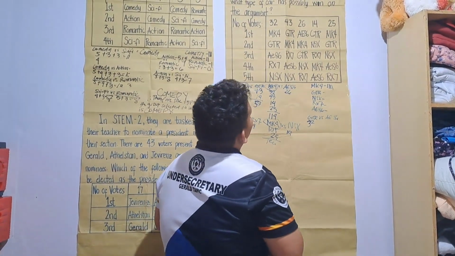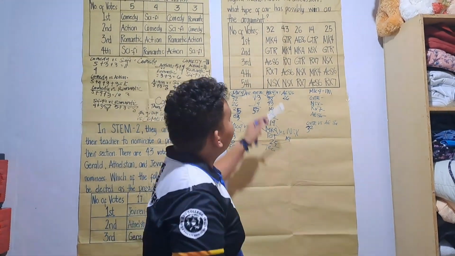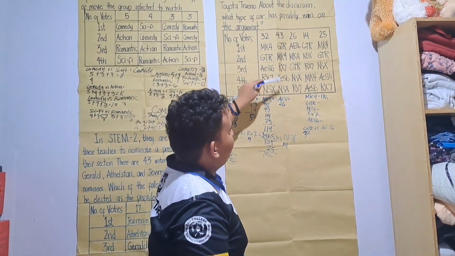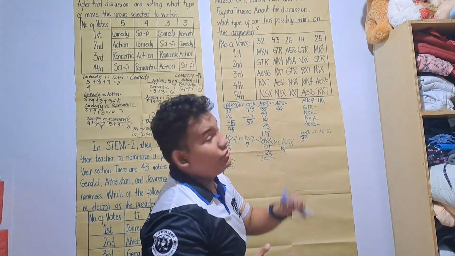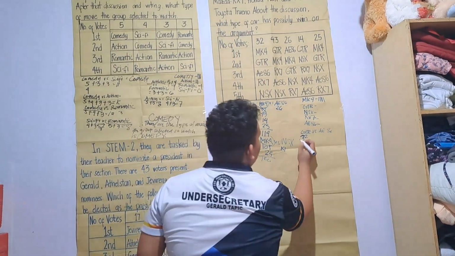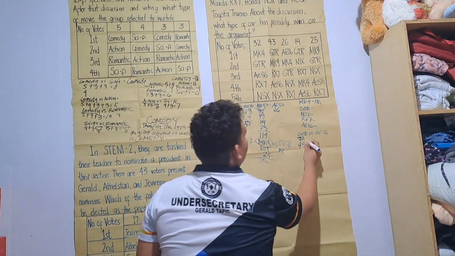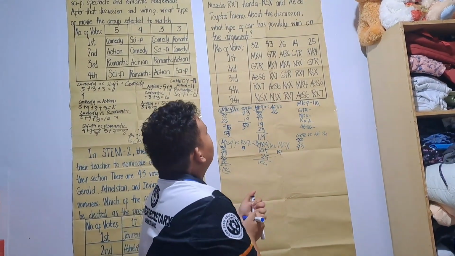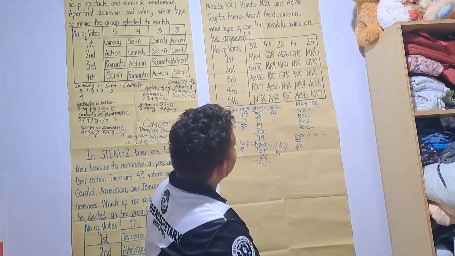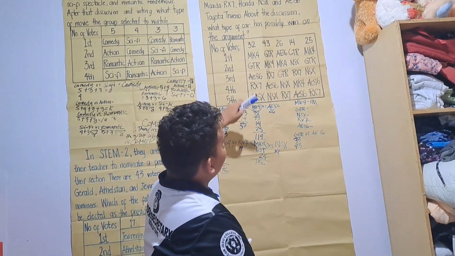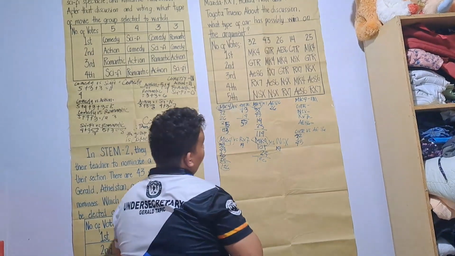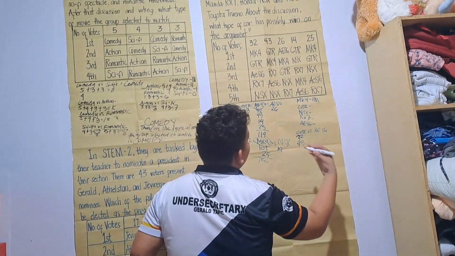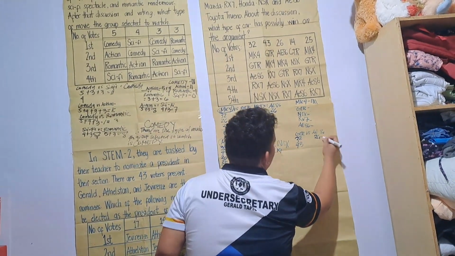In the second column, GTR is first and AE86 is last. So meaning the 43 votes goes to GTR. In the third column, AE86 is first than GTR. So 26 votes goes to AE86.